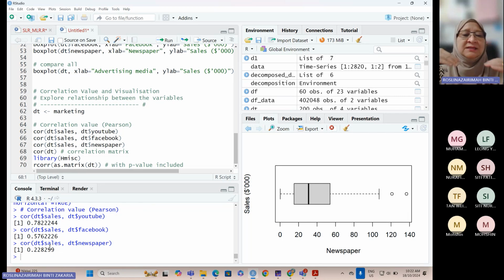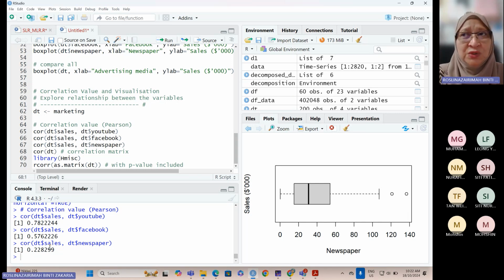In correlation, the closer the value to 1 or to -1, that means the correlation is strong, or in other words, the relationship between one variable and the other variable is strong. If it is closer to 1, that means a strong positive relationship. If it is close to -1, it is a strong negative correlation.